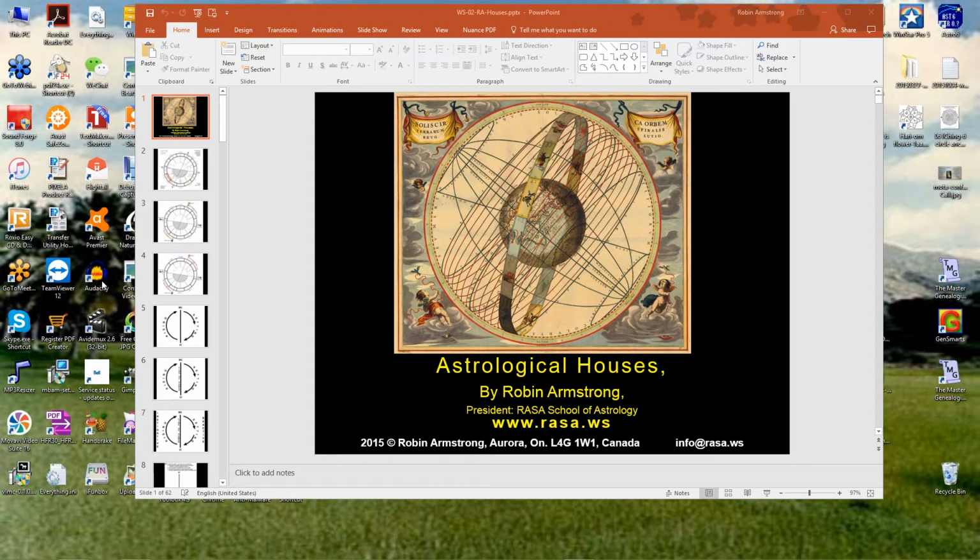is the first layout. There are a lot of books in the States and in the West, and even in India, I think, maybe not so much India, where they make the signs the same as the houses. It's more of an American thing. Like Aries is like the first house is like Mars, and they throw everything together and it's the same meaning.